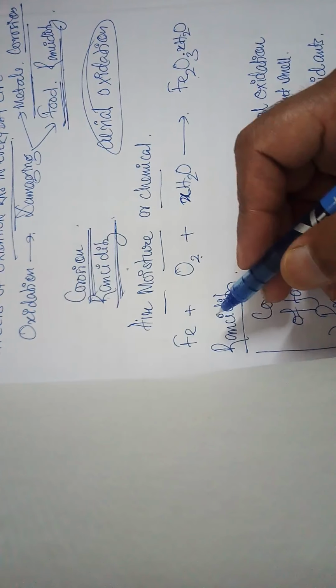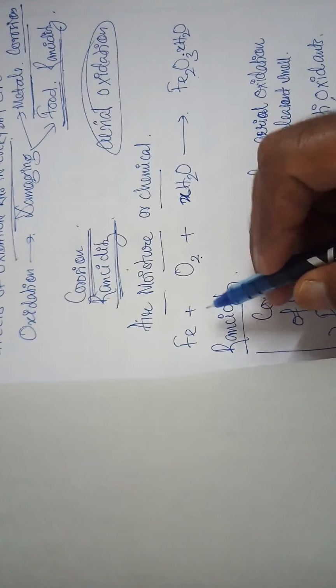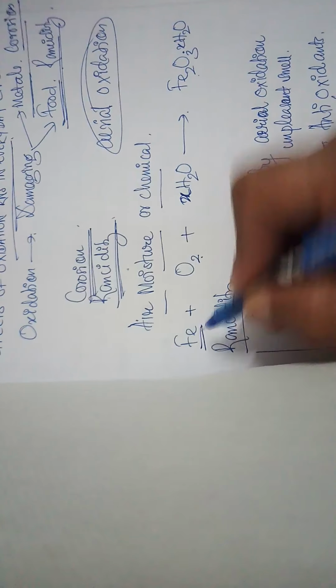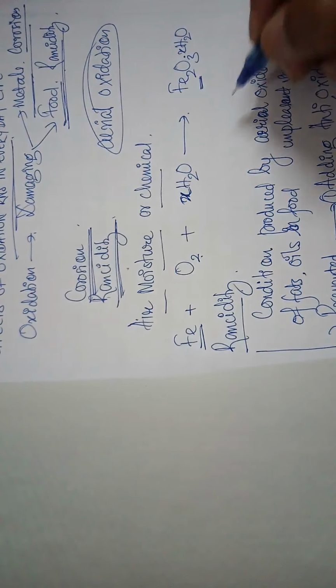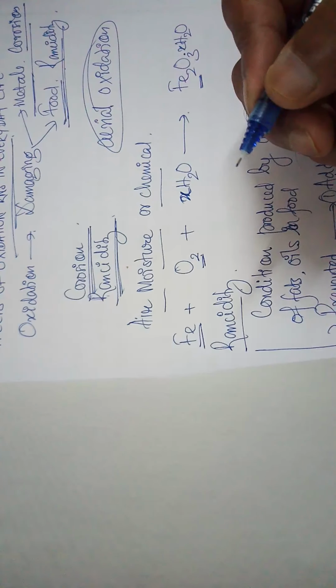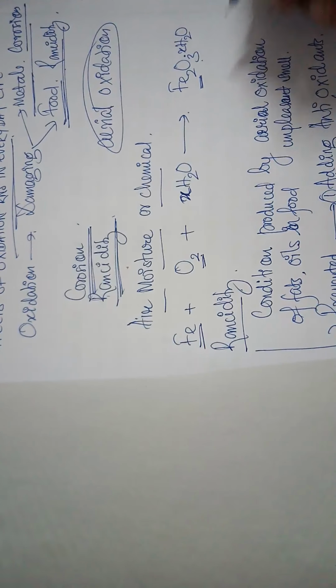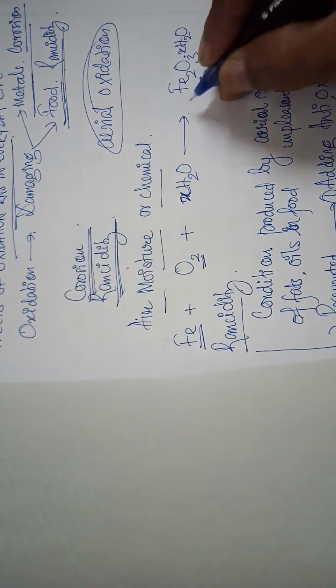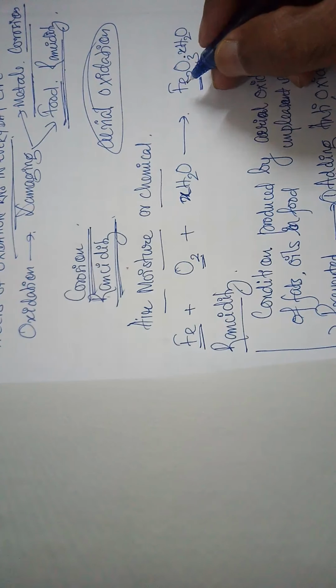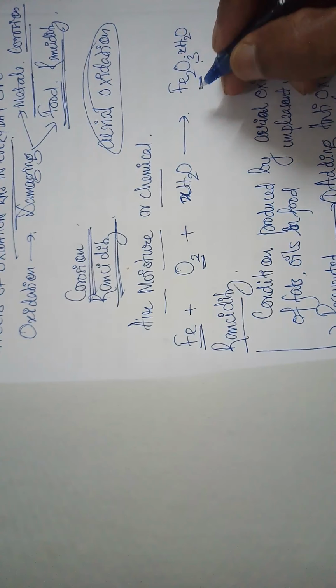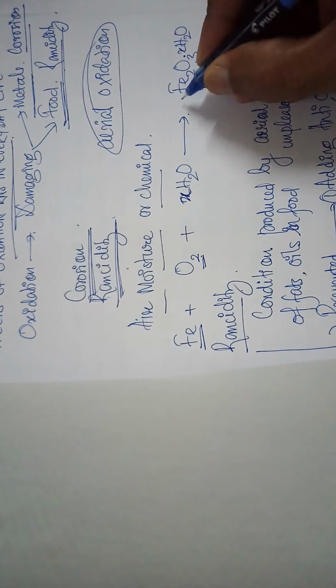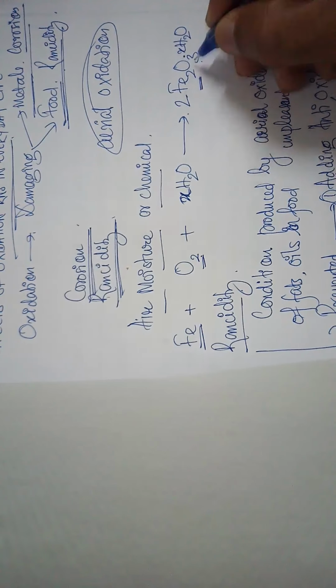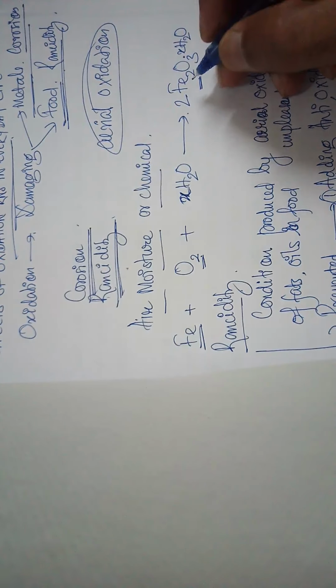When we check the balancing of this equation, we have to check Fe: here it is 1 and here it is 2, and oxygen: here it is 2 and here it is 3. So what will we do? For making it more clear, we have to multiply this with 2, so make it 6 and 6.